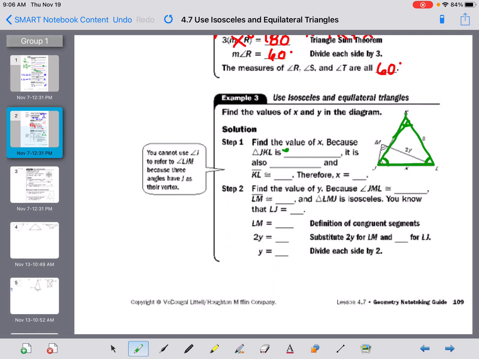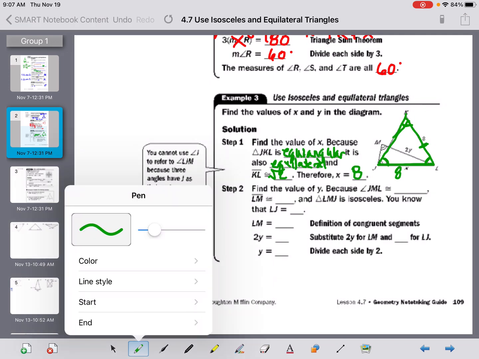Because it is equiangular, that's how they marked it, it's also going to be equilateral. Okay, so if KL over here is 8, what is JL down here? 8, right? They are all the same. So x is 8.